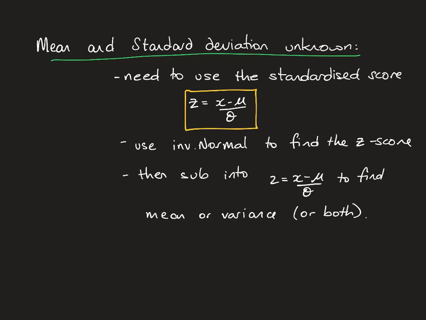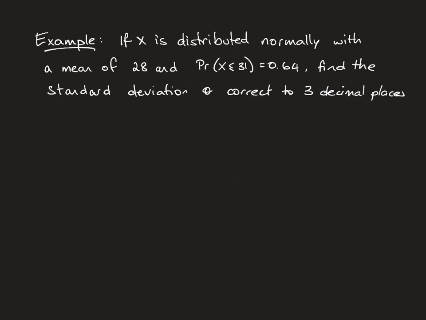So what we do is we find the standardized score for that particular probability. We use inverse normal to find the z-score, and then we substitute the z-score into our formula to find the mean or the variance or both. Let me show you how it works. This is the sort of question that you get.